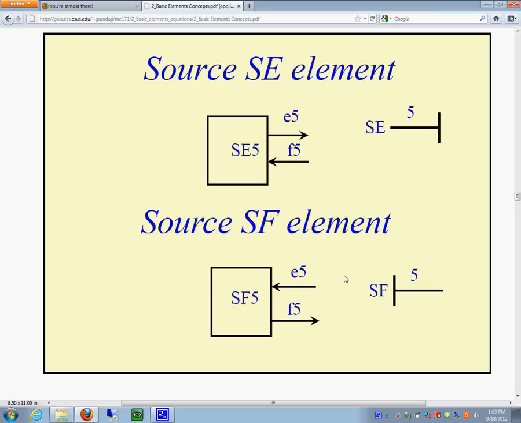It's very important to understand that all effort sources will have this kind of causal form, and all flow sources will have this kind, because in the first case it is the force that is put into a system. In the second case, it is the velocity that you impose on the system.